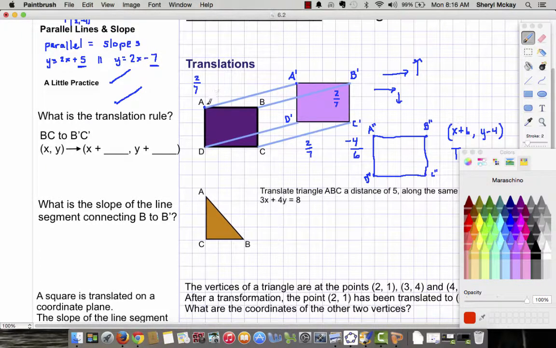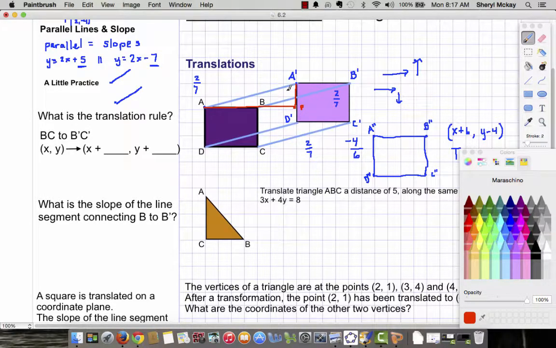Suppose that I actually created a right triangle right here, using line segment A prime as the hypotenuse, and then A to this point here, which we'll just call P for point, okay? A to P, and then A prime to P. So do you see that I'm making a little right triangle?